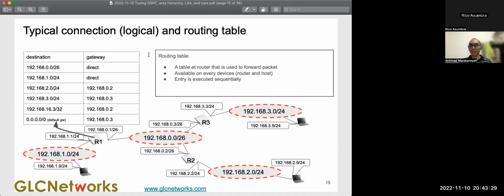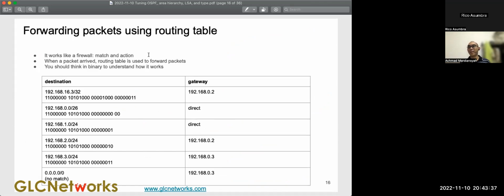In logical topology, you just talk about the subnet: this subnet connects to this router, and that subnet connects to that router. And this is how the routing table works. A packet comes in, is processed in the internal process of the router, and is forwarded to a particular interface. If there is no match, the packet is dropped. Simple as that.